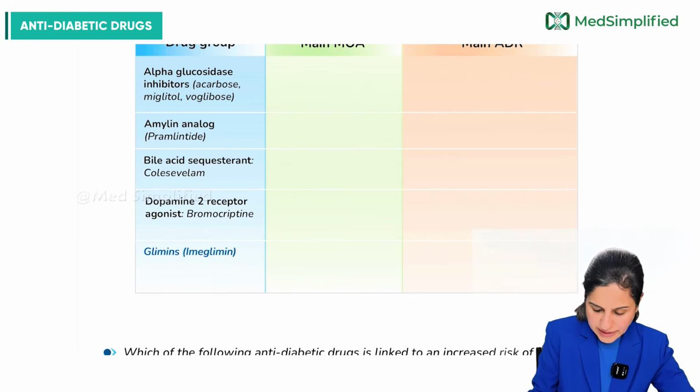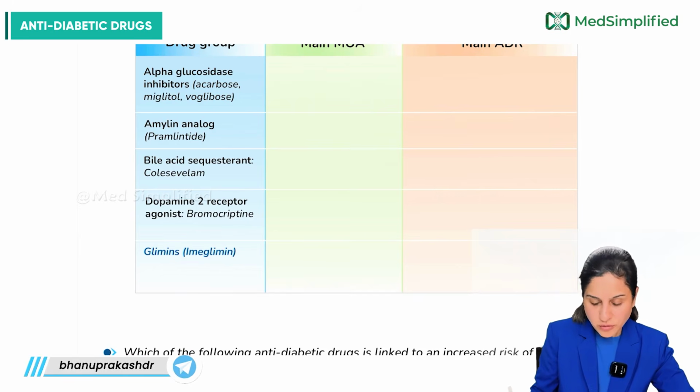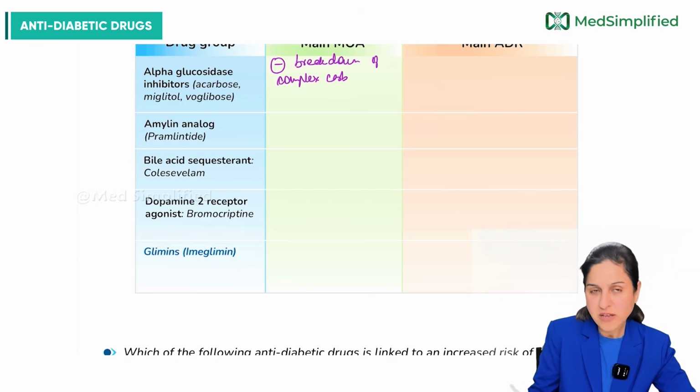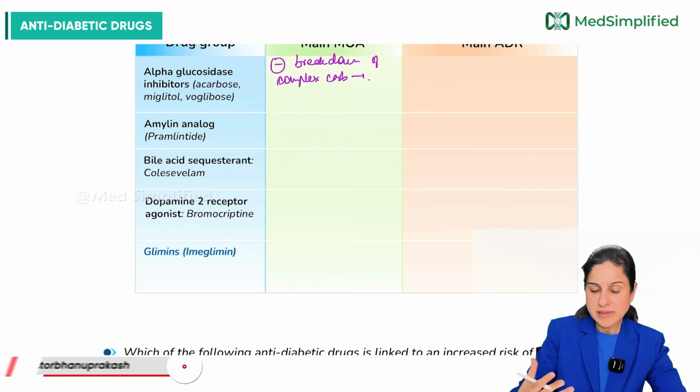Other drugs which are there, like alpha-glucosidase inhibitors. Basically, they inhibit the breakdown of complex carbs into simple carbs. Therefore, there is no absorption, so it is not going to be absorbed easily.